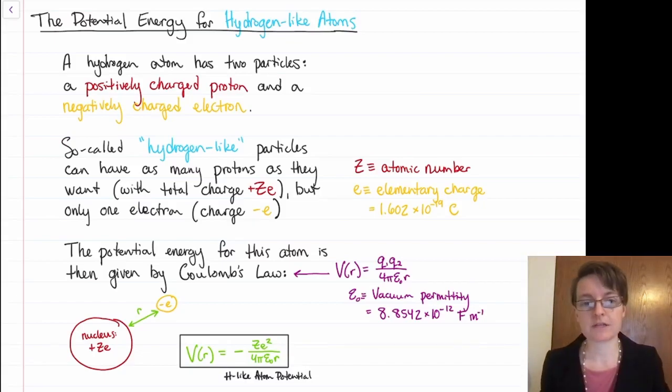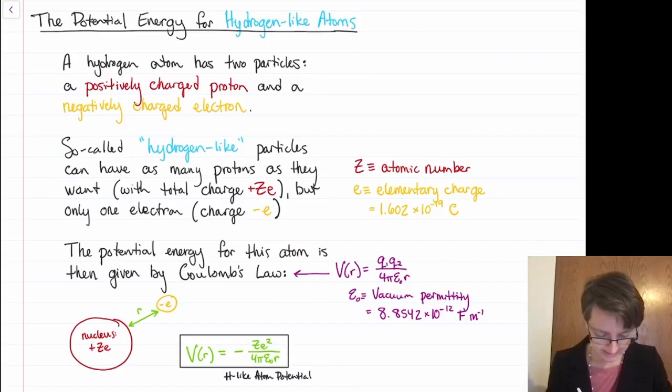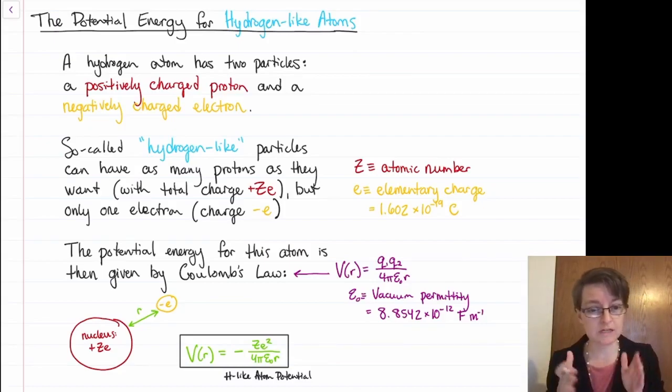And so the potential for this atom is then going to be given by Coulomb's law. Coulomb's law, if you've forgotten from your physics class, states that the potential between two charged particles, we'll call them Q1 and Q2, is proportional to the product of those charges divided by a couple of different constants: 4 pi epsilon naught, where epsilon naught is the vacuum permittivity and has a value of 8.8 times 10 to the negative 12 farads per meter.